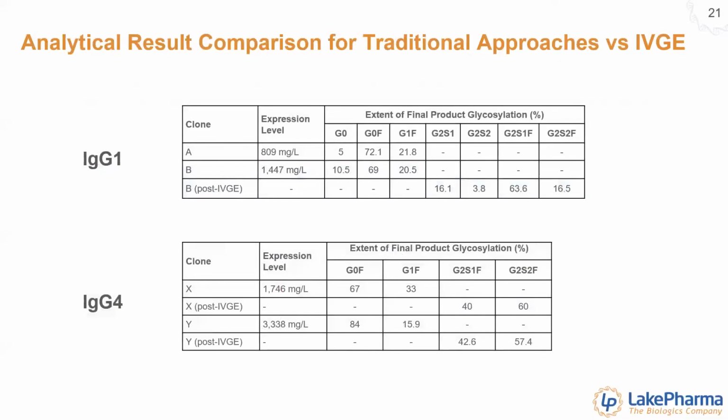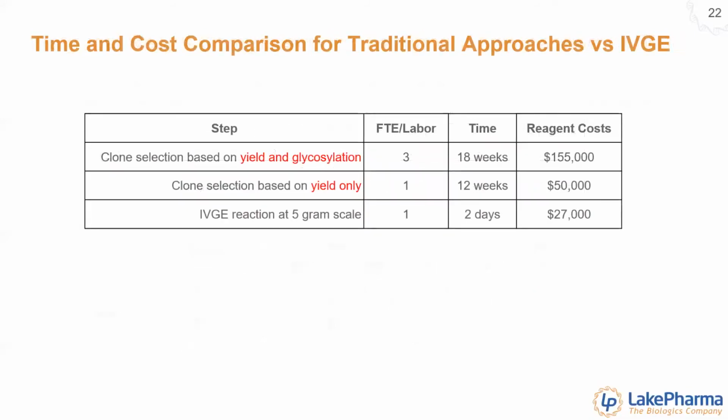There's virtually no difference between the clone X of IgG1 post IVGE and the clone Y of IgG4 post IVGE. So the reaction is very efficient.